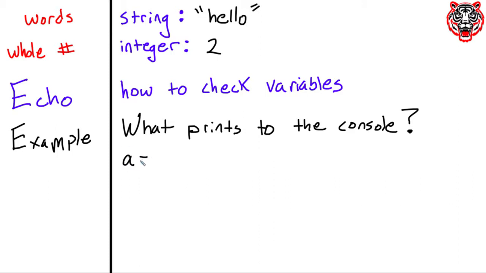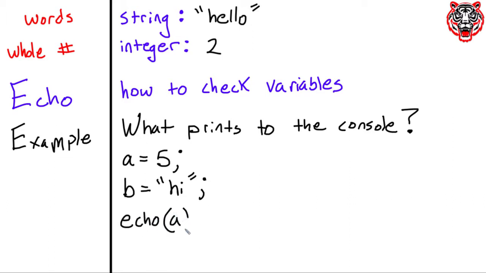So I'm going to write A is equal to 5, semicolon. B is equal to hi, semicolon. And then I'm going to do echo A, exactly like that. I want to know what's going to happen with the console. What is it going to say whenever I hit run?